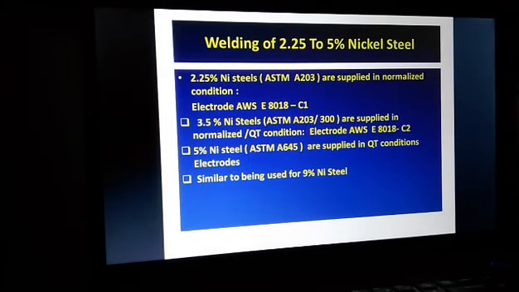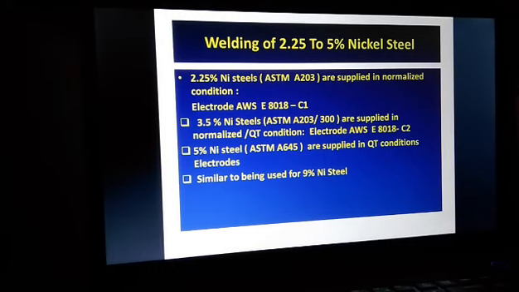Welding of 2.5 to 5% nickel steel. 2.25% nickel steel ASTM A203 is supplied in normalized condition. Electrode AWS E8018-C1. 3.5% nickel steel ASTM A203 is supplied in normalized and quenched condition.